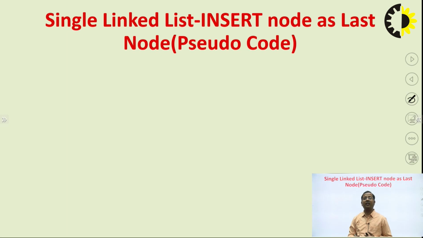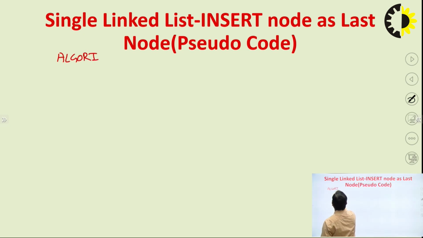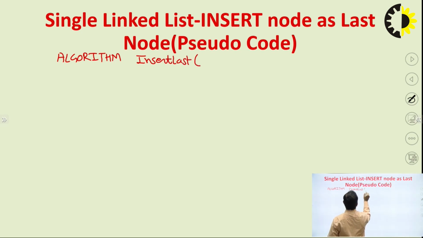Now we have to again write a pseudocode for it. Insert last, start and item. Again write the begin keyword.